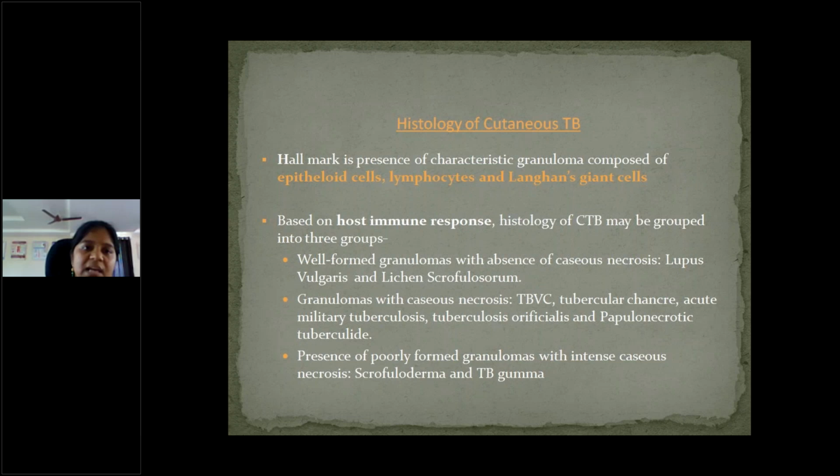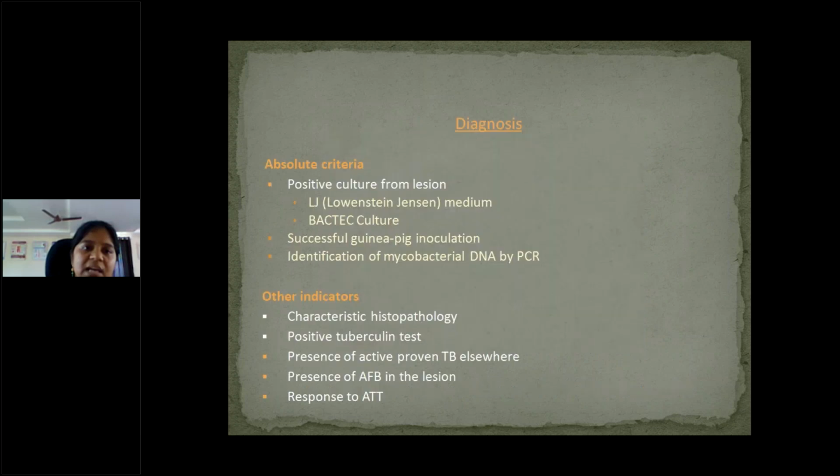In diagnosis, the absolute criteria are positive growth on culture, successful guinea pig inoculation, and identification of mycobacteria. Sometimes the patient may not have the money, or we don't have this inoculation nearby. So theoretically you should write this, but when you see a patient, we can't always check all the criteria.